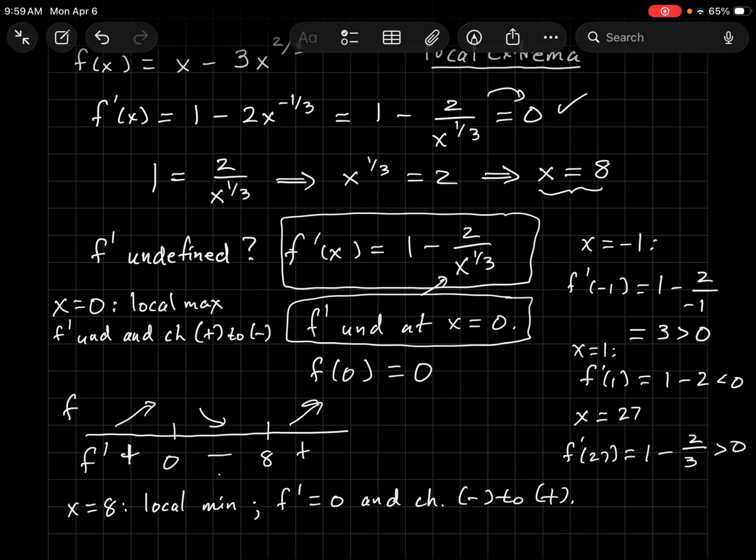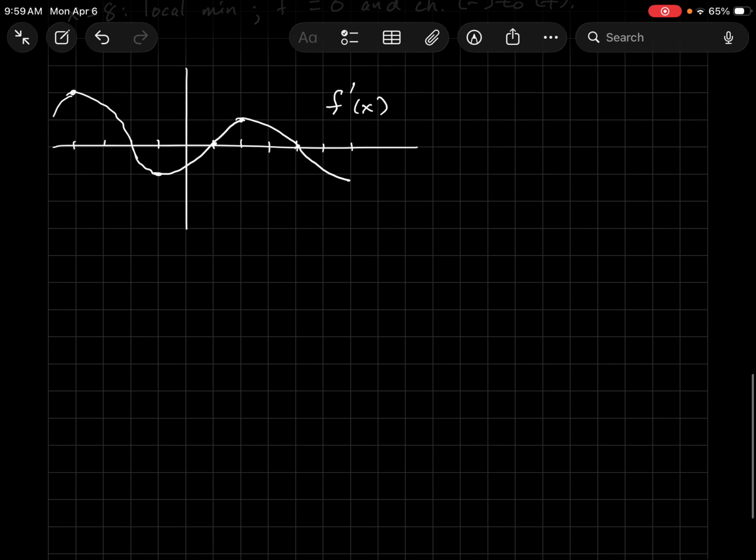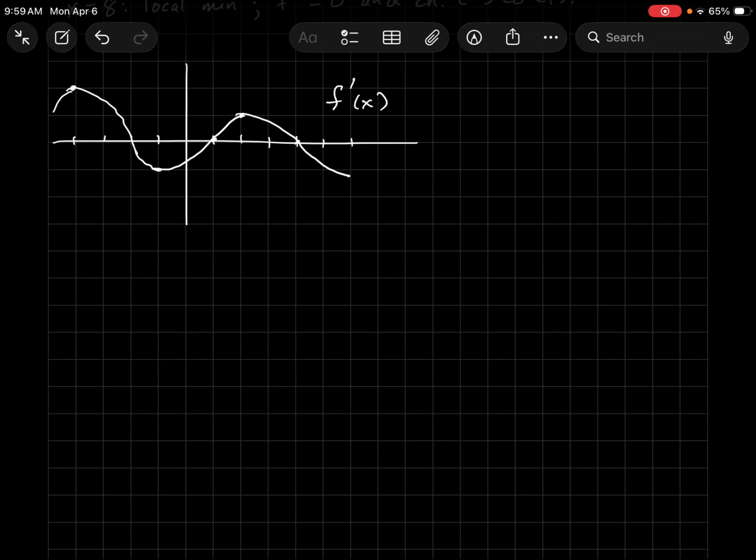Let's take a look at one more example. Let's consider the graph. And notice that this graph is a graph of f prime of x. I would like you to stop the video, just briefly, and in your own mind, determine where does f have a local max, and it might be more than one.